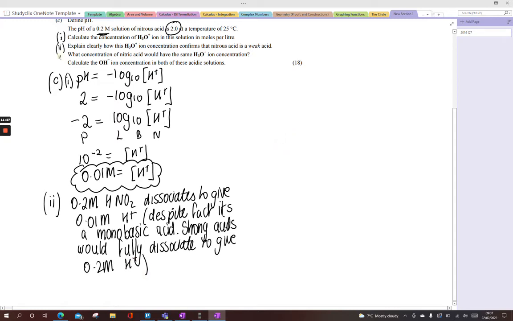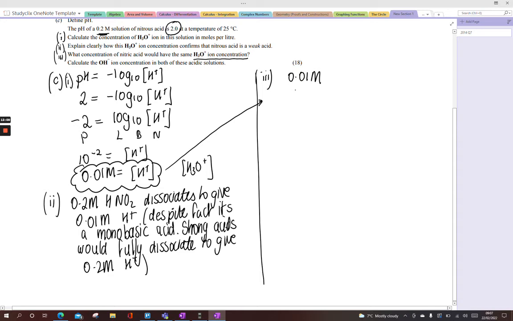Part 3. What concentration of nitric acid would have the same H3O plus ion concentration? A wee bit wordy there. Now, my hydrogen ion concentration, or my H3O plus ion concentration, was 0.01 molar.